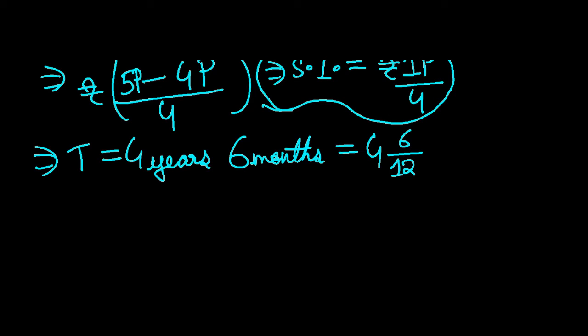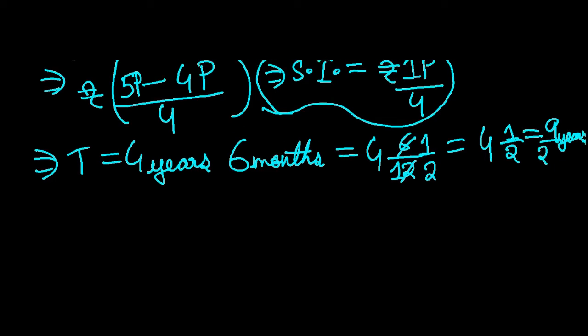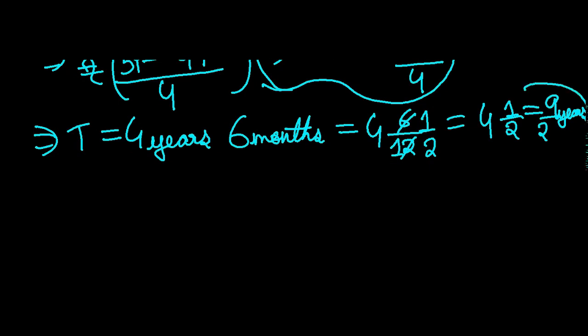And now we have to reduce it to the lowest term. 6 ones are 6, 6 twos are 12, so we can finally write it like 4 1 by 2. Or we can also write it like this: 2 fours are 8, 8 plus 1 is 9, 9 by 2 years. So this is our time.